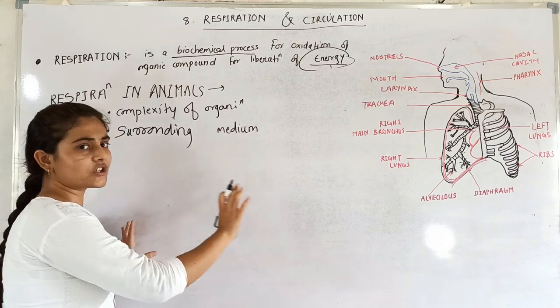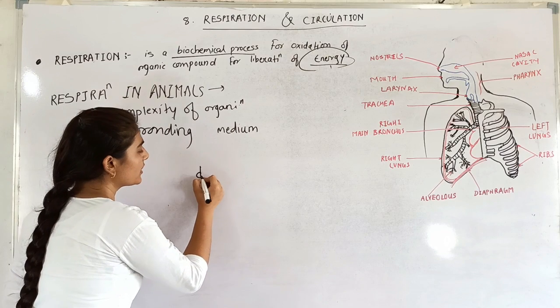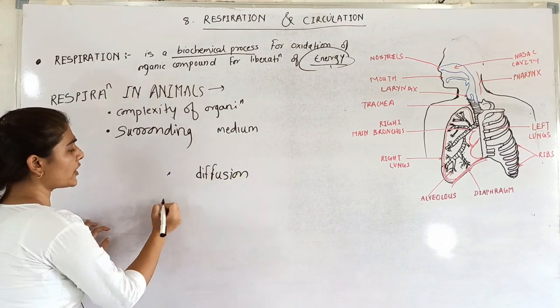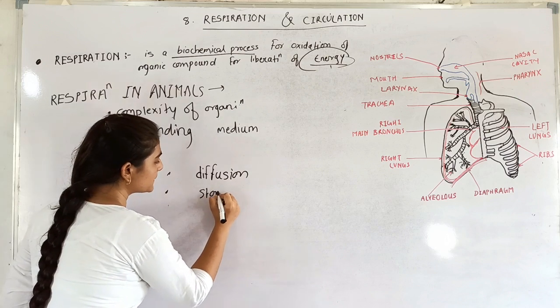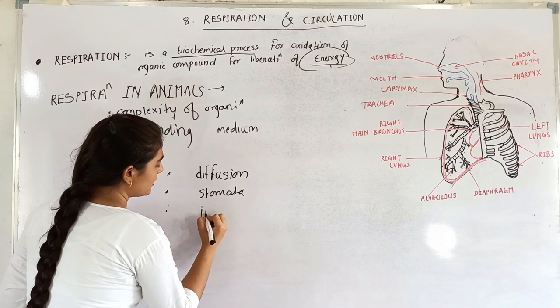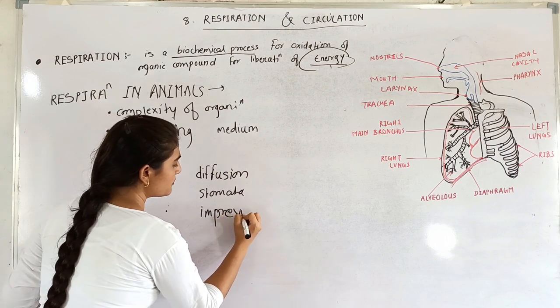That is, respiration in plants is done by diffusion. That is the first point. The second point is stomata. The third point is impervious bark.